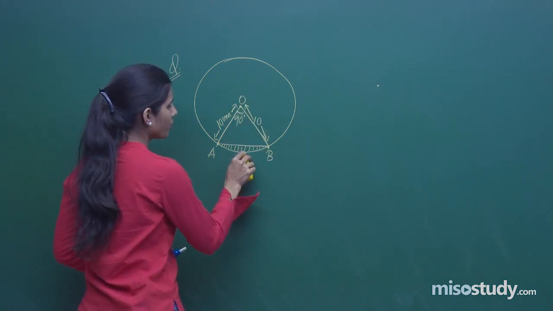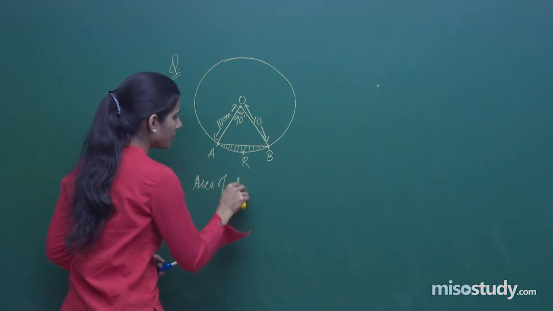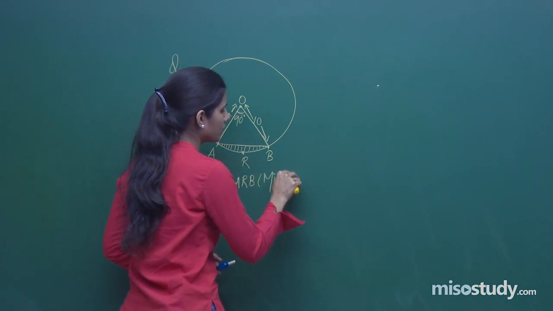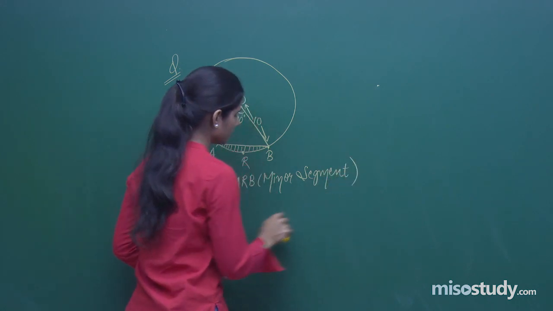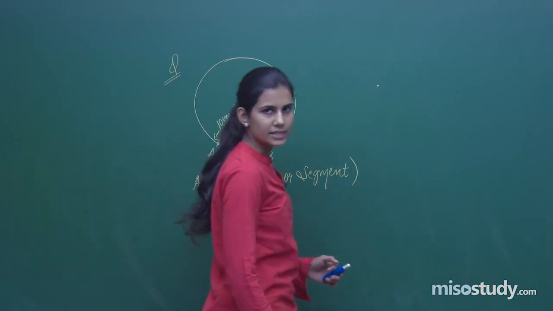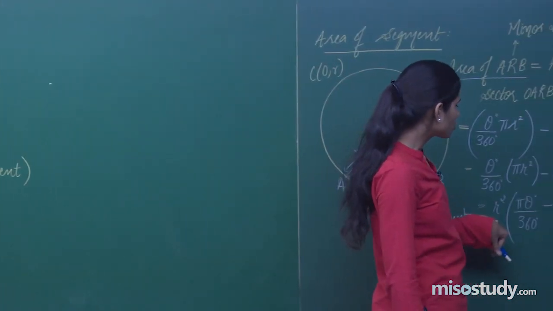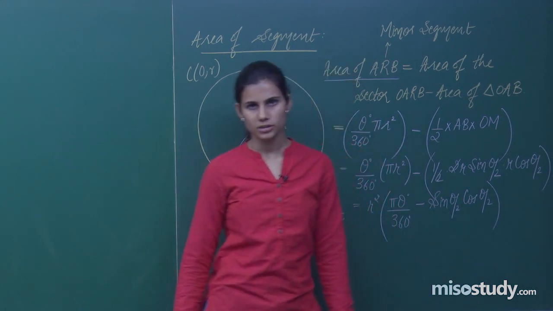If I say some point over here is R, then area of the minor segment would be what? Let's get back to our result. Area of the minor segment is given by r square times pi by 360 into theta minus sine theta by 2 cos theta by 2.